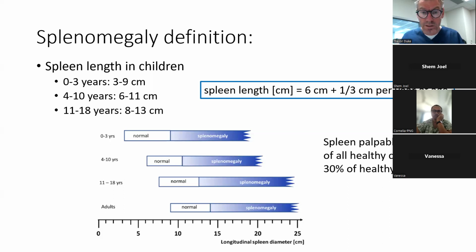Right? So that's a way you can understand the normal largest length, largest diameter of a spleen. And remember, that's not what you measure from the left costal margin. That's what you measure if you're doing an ultrasound. So mostly we say a spleen's large because we can palpate it, but it's also good to do an ultrasound and measure it.